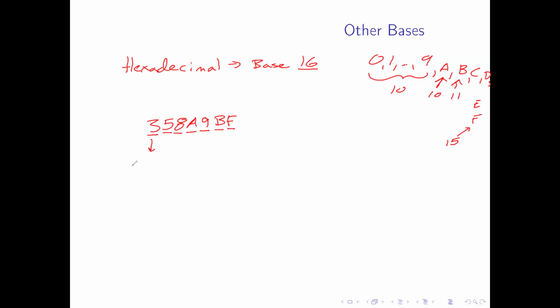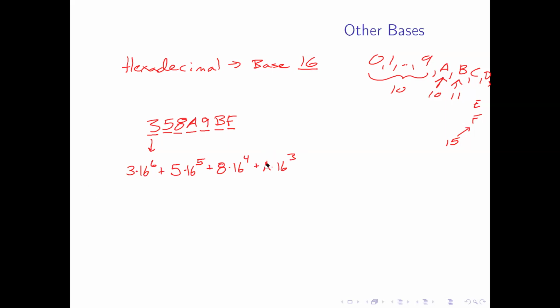So this right here is really 3 times 16 to the 6th power. And then we're going to have 5 times 16 to the 5th power, if I want to convert this back to base 10, plus 8 times 16 to the 4th power, plus, and then now let's get A. Well, we can't write A times 16 to the 3rd power. That doesn't make sense in terms of base 10 because A doesn't exist in base 10.